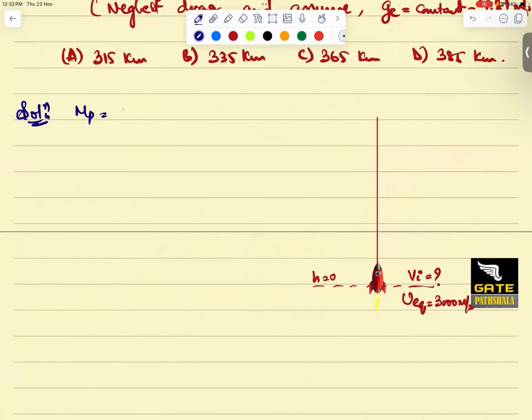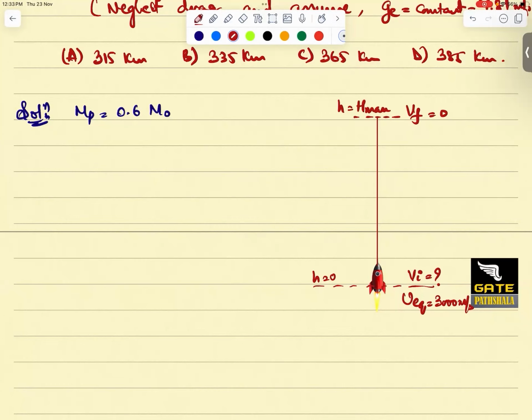Mass of the propellant is 0.6 times of m naught. Okay, so the rocket will go up with an initial velocity, something that I don't know, but what would be its final velocity? It will become zero after some time, and it will reach the height of h equal to h max.